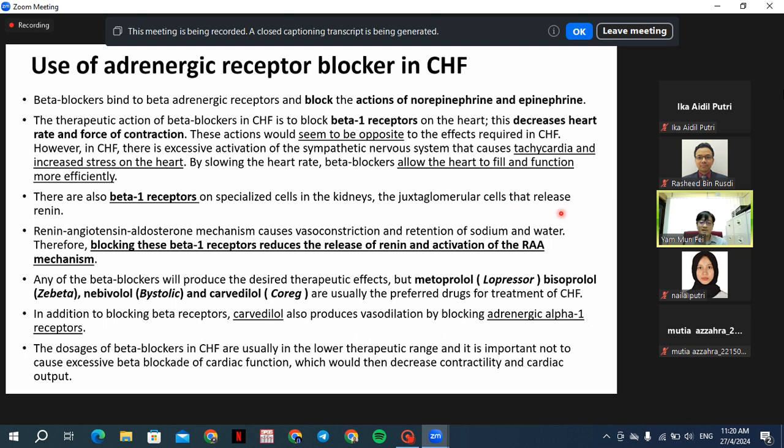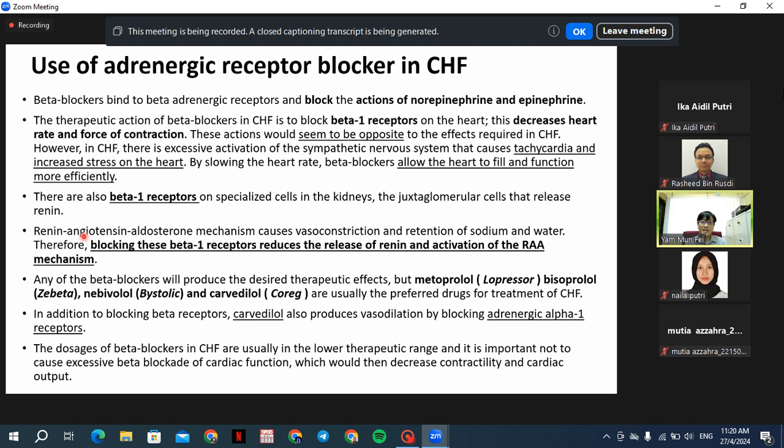So you have to bear in mind that with beta 1 blockers you have extra activity, which is reducing the release of renin. Reducing renin means that you are inhibiting the RAA activity, isn't it? You might cause extra harm to your body, especially your heart.